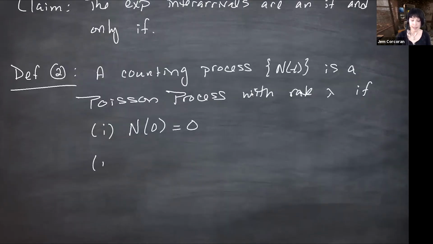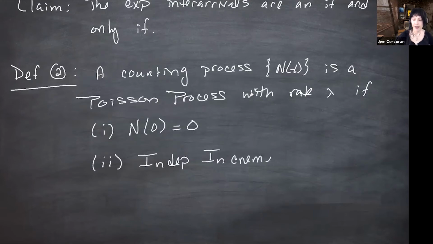Double I is going to be identical to what it was before. And for brevity, I'm just going to write it out in English. And that was the independent increments property. I can write this out longer by saying let S1 be less than S2, be less than and so on, less than Sn. And then I can look at the actual differences and say they're independent random variables.